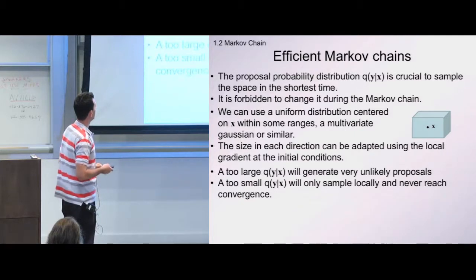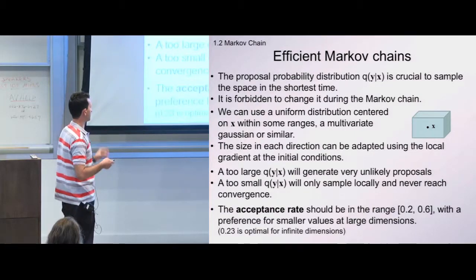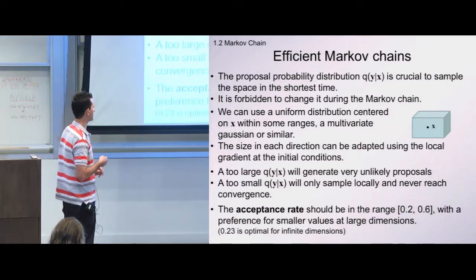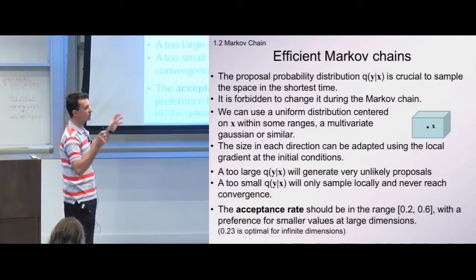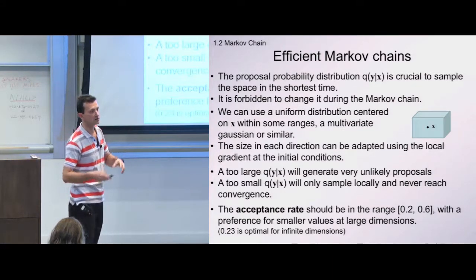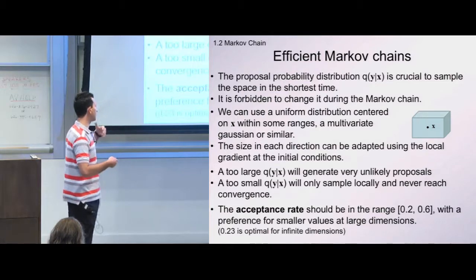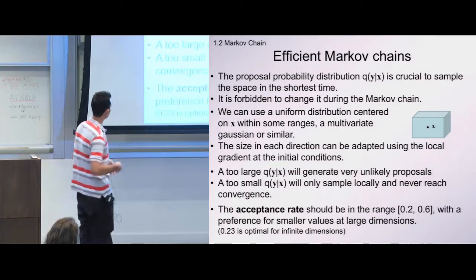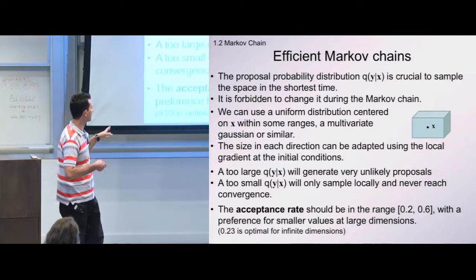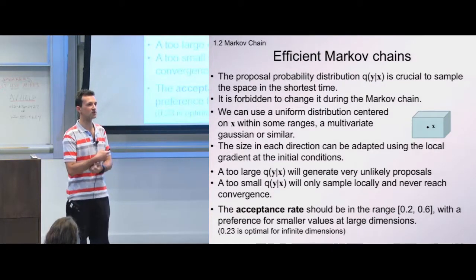In principle, there are prescriptions for that. You have to set the size of your proposal probability distribution in such a way that the acceptance rate is between 20% and 60%. This is the prescription. And if you go to large dimensions, such as in the case of microlensing, there are theorems saying that the optimal acceptance rate is 23%.